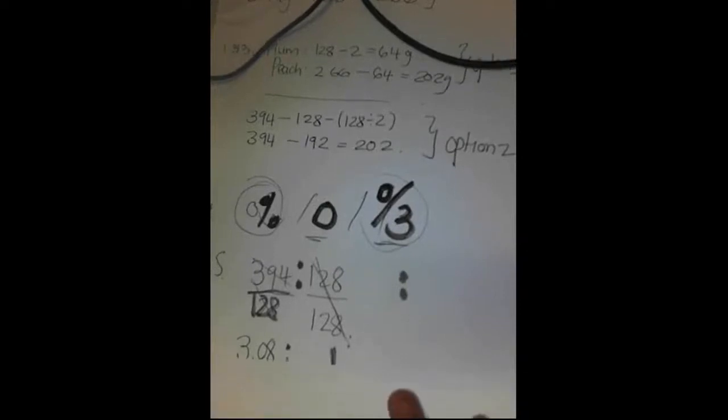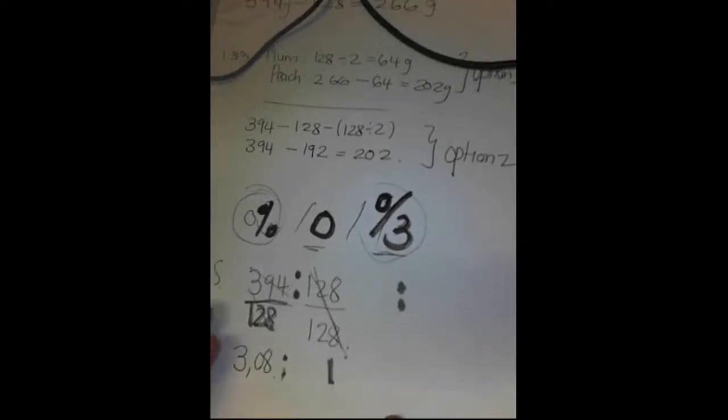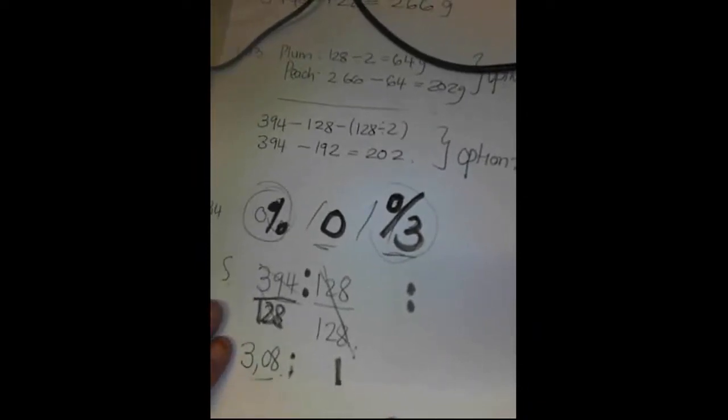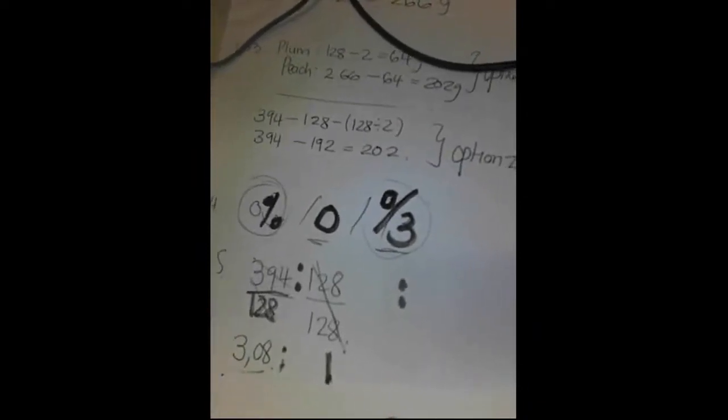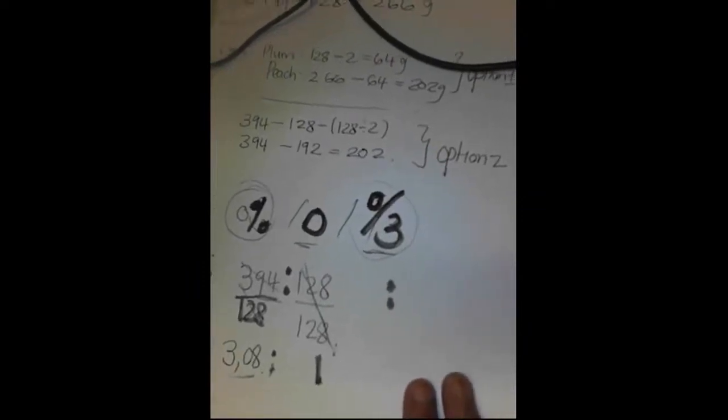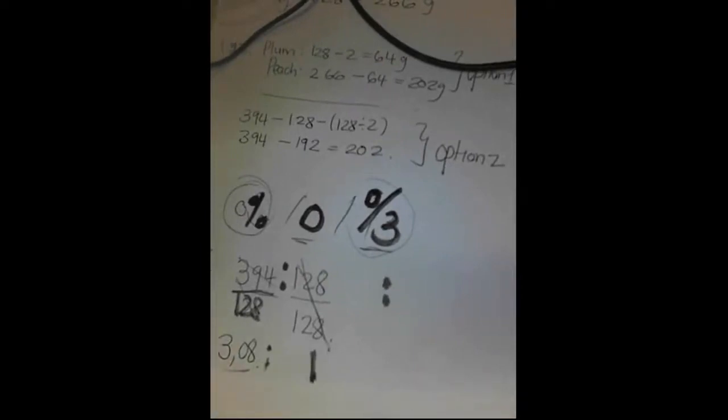It's not so simple, but the method of doing your ratio still remains the same. It's just the values are not always very simplistic. Like in this case, 394 to 128, learners will most probably half it, and then half it again and half it again.